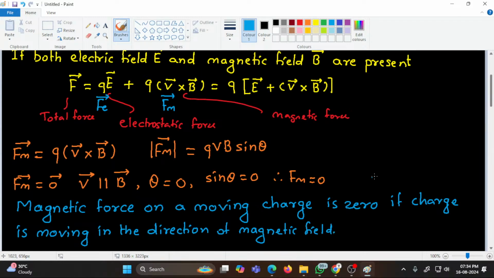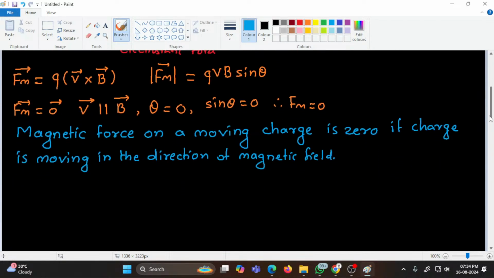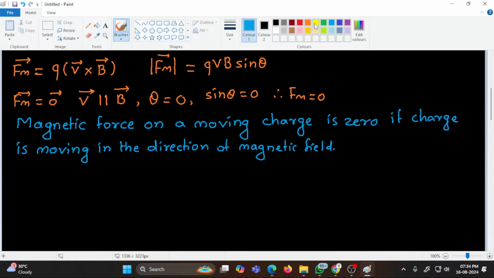And the force is also 0 if the charge is stationary, that is V bar is 0. Fm bar is 0.